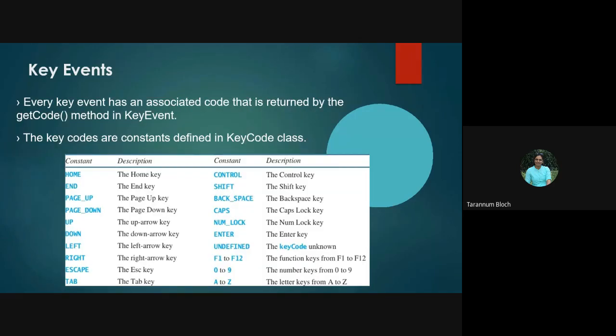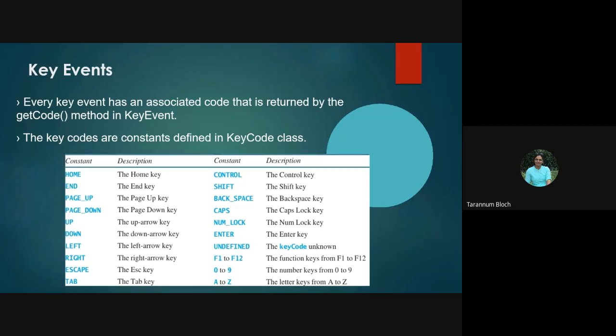So here are some constants which are given with the key code. As I said, each and every key has a certain code. For example, we have a constant HOME, and the home key is represented by that constant.